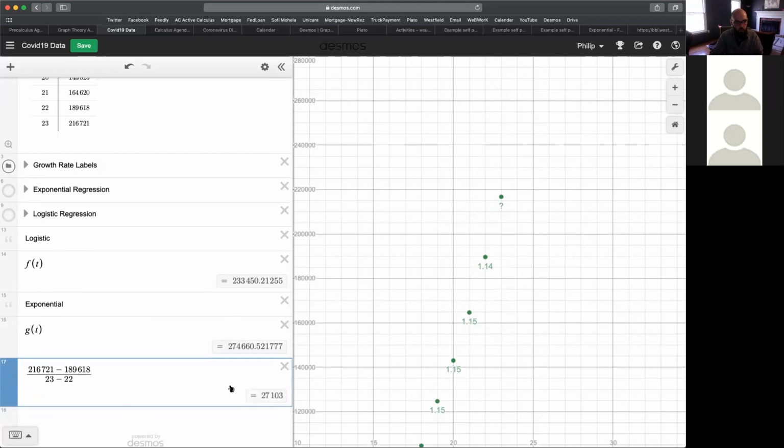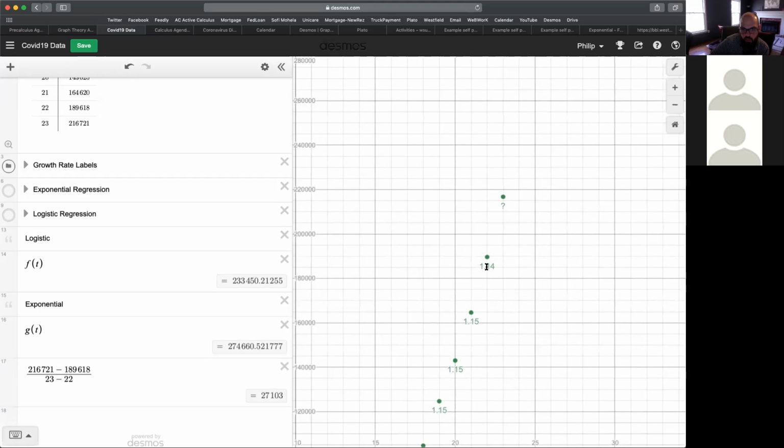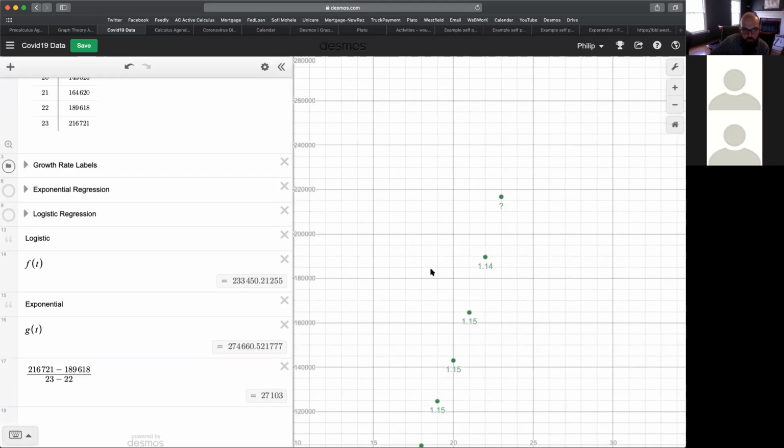What we're seeing here is the change is a 27,000 person increase, so there are 27,000 more cases. That's an increase of 14%.